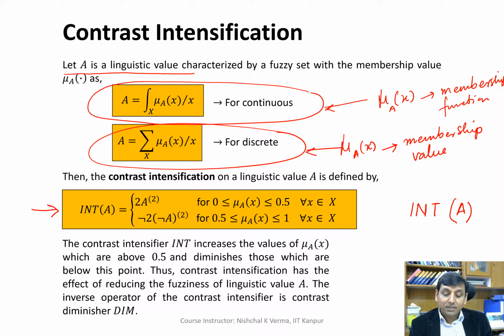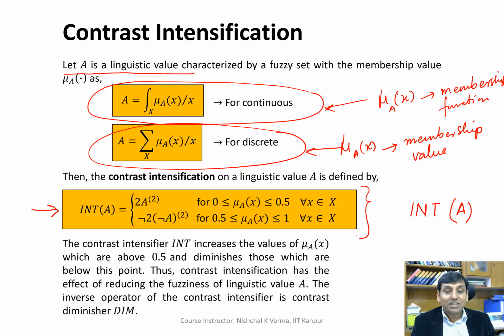We have the negation of 2 into the negation of A, whole raised to the power 2 within the bracket. So this needs to be completely understood, that we apply this intensification in two zones.